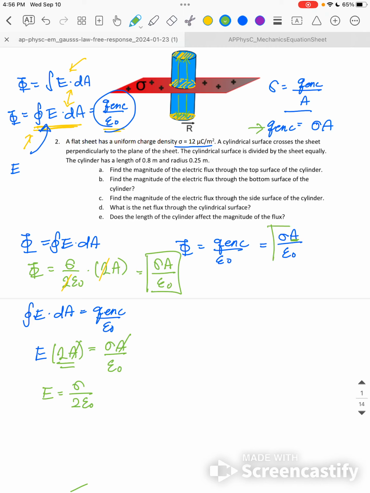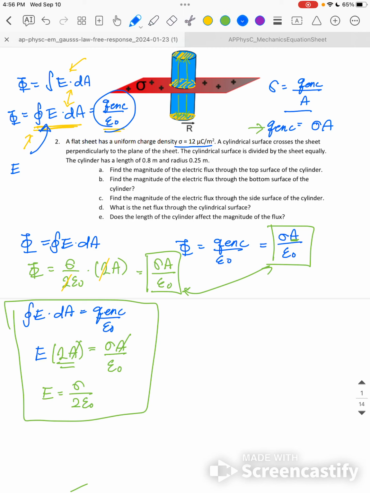This should match this, and it does because both of those expressions give me flux. Now, again, you're doing two bits of work when you solve it on the left side. But if you memorize the electric field of a plane of charge, then that would reduce the amount of work you have to do. They actually want a numerical value.